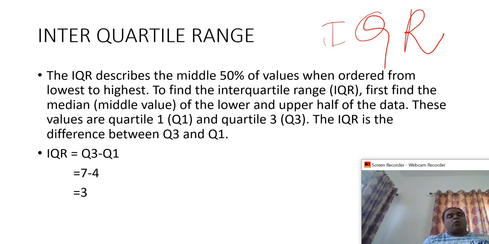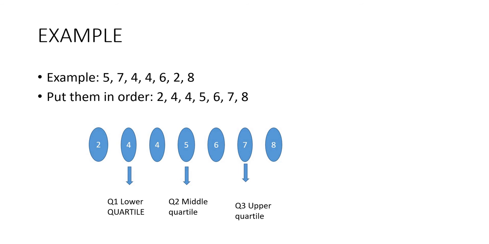You understood what Q1, Q2, and Q3 are. Then Q3 minus Q1 is known as IQR. It's simple. The IQR describes the middle 50 percent of values when ordered from lowest to highest. That means the middle 50 percent of the values is Q3 minus Q1.